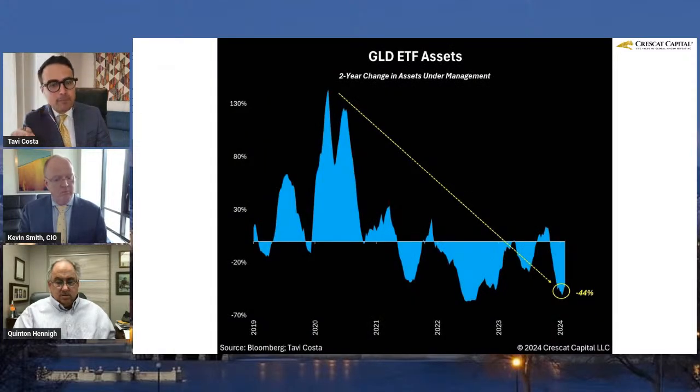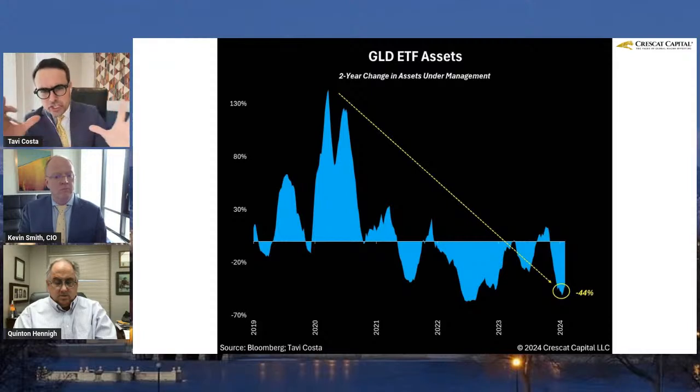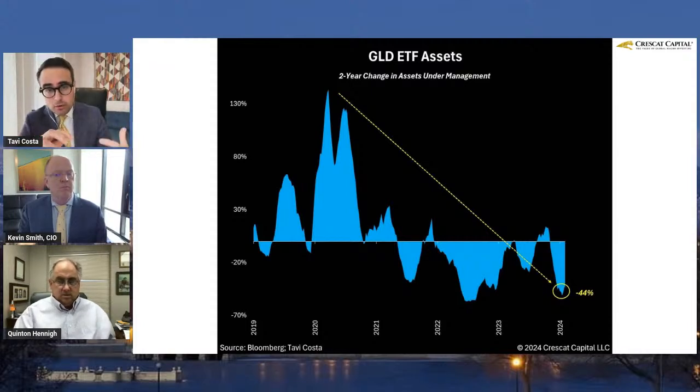And so it's an example, just looking at the GLD. I had a chart showing the 2-year change of the assets under management across GLD, showing that we really haven't seen general investors start buying into gold, because once we see that, this instrument is going to start going higher, meaning the general population starts buying into GLD or other gold-related assets in order to supplement their portfolios, especially given the volatility we're seeing in the fixed income space, which is usually driven by an inflationary era that a lot of people are not understanding.